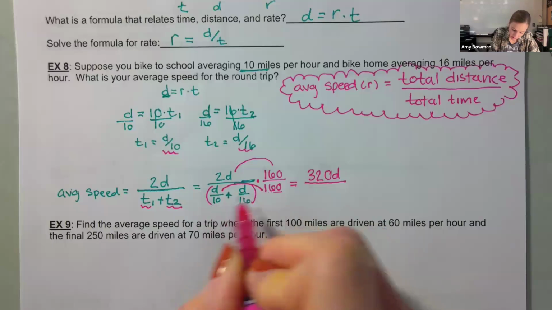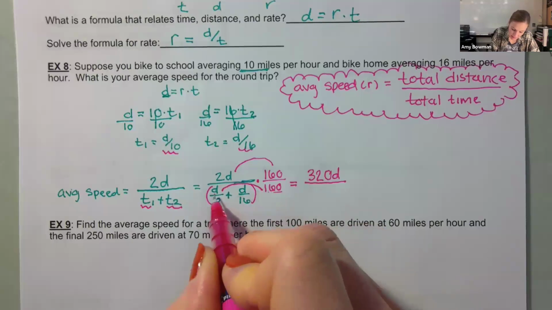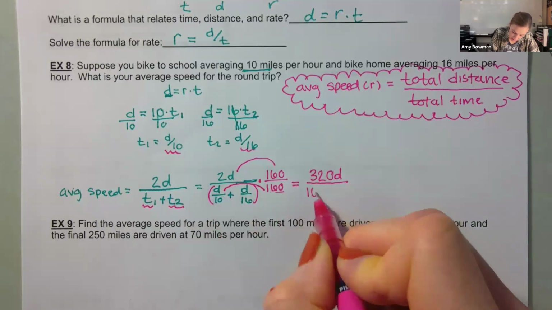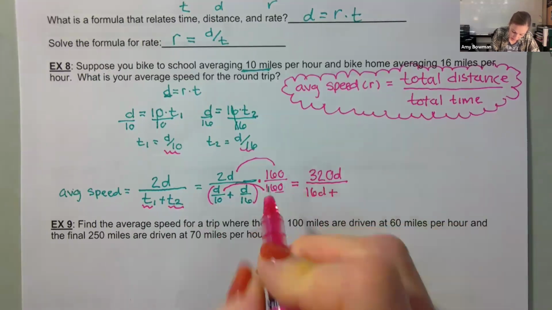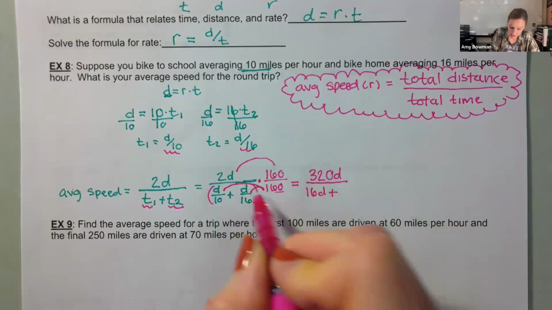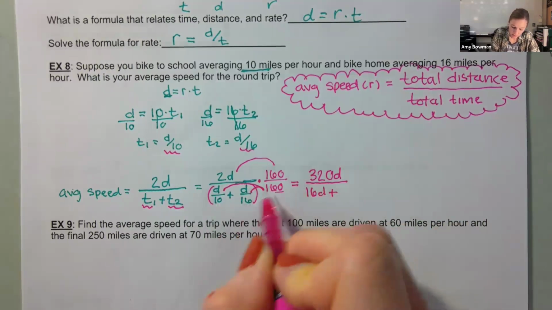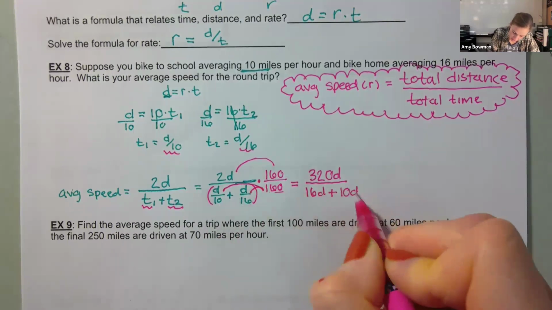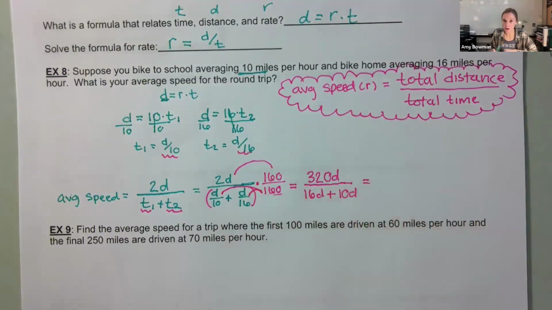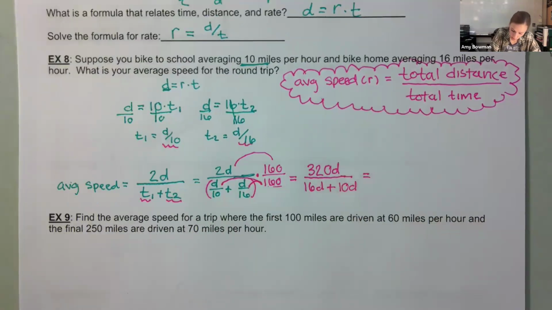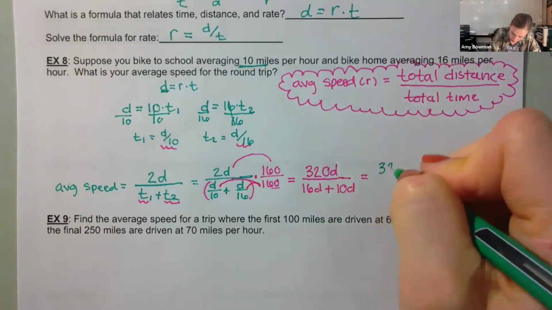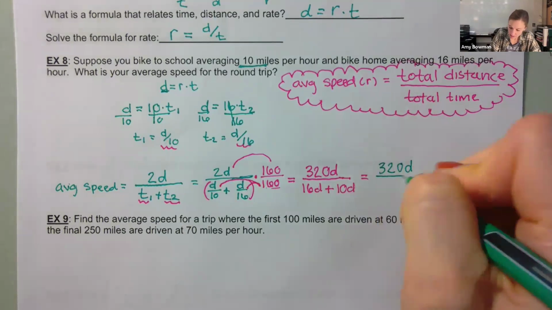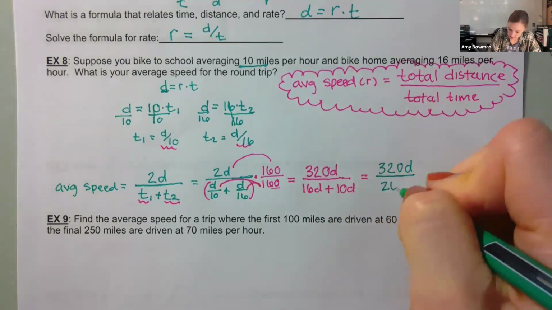The 10 over 10 will cancel, and I'm left with 16 times D. Plus, and then the reverse will happen when I multiply by D over 16. The 16 over 16 will cancel, and I'm left with 10 times D. So now our complex fraction is down to a simple fraction, 320D divided by 26D.